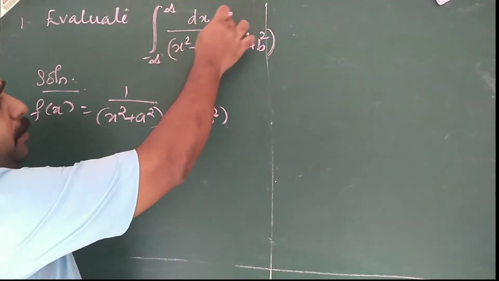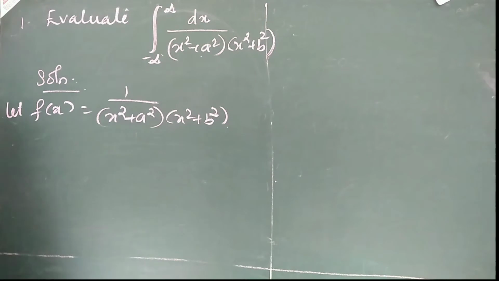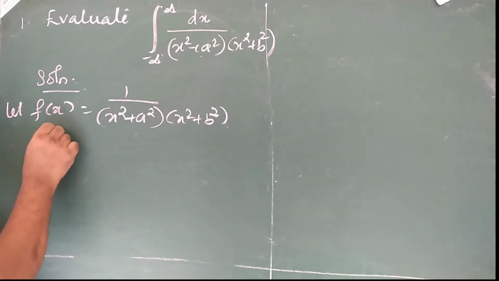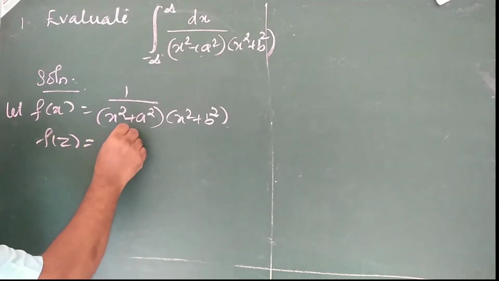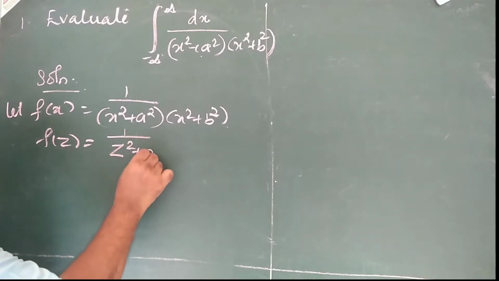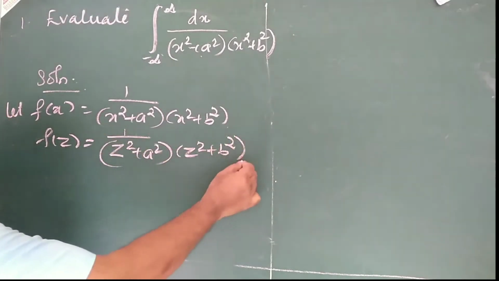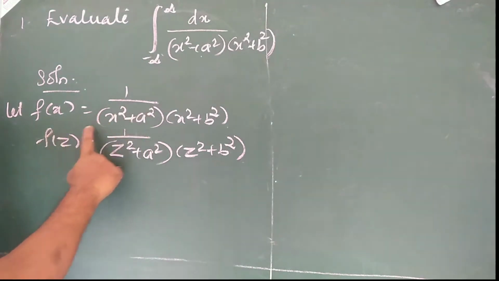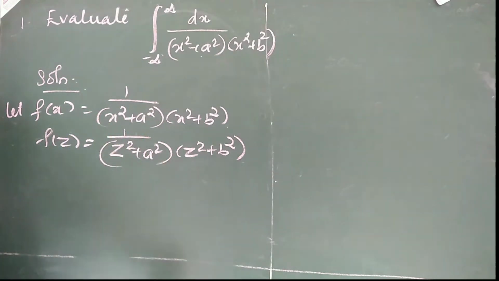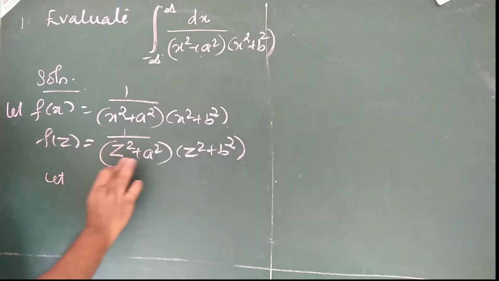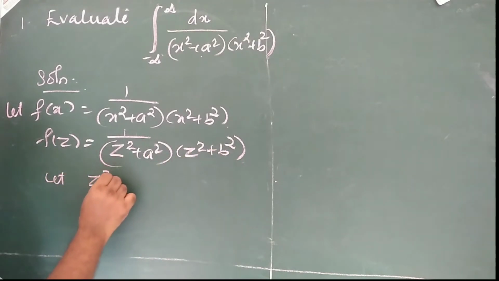Except the dx term inside this integral, now you write f of z. So what is f of z? That is 1 by, with b square, replacing x by z. Let the denominator equal 0, because this is a rational function.